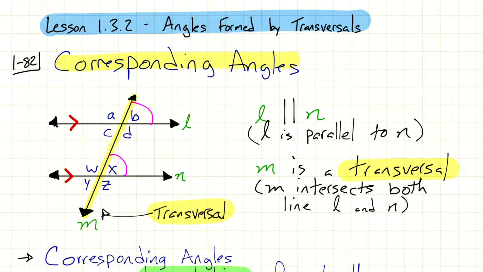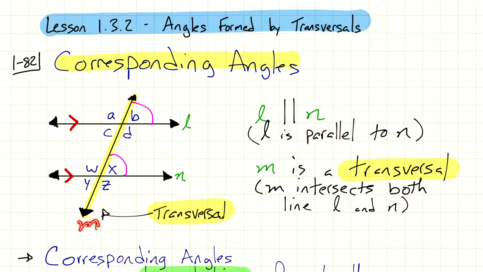In this diagram, I have parallel lines drawn out, and the names of those lines are lowercase cursive L and cursive N. Those are our parallel lines. So L is parallel to N. That's this notation, these two bars means parallel.